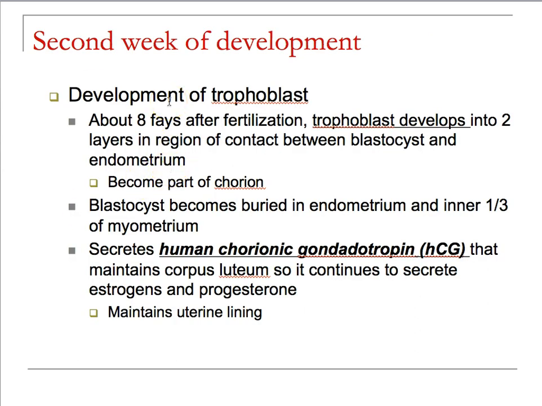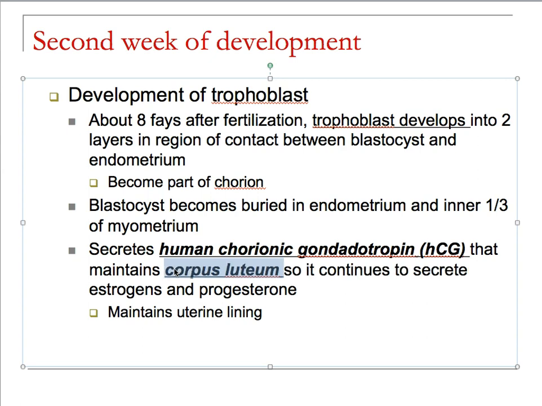So we're going to actually have the development now of that trophoblast, and the significance here, of course, is that it's going to become buried inside the endometrium, and because it's become buried, the structure now begins to make a hormone, which means from this point forward, you now think of the uterus that has a fertilized blastocyst inside of it as an endocrine gland, because it's going to make human chorionic gonadotropin, okay, and it's going to maintain the corpus luteum, put that bold underline, okay, inside the ovary so that it can continue to secrete two hormones, estrogen and progesterone, okay?